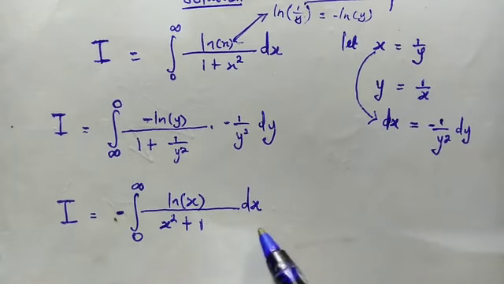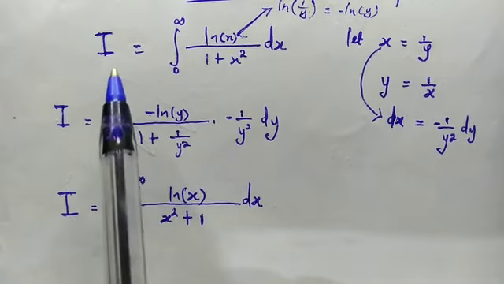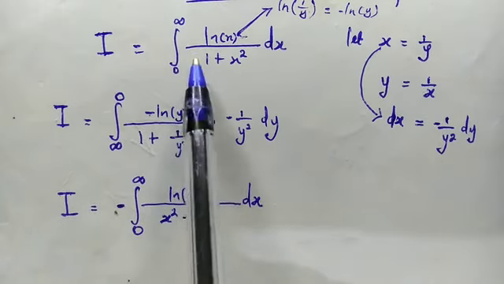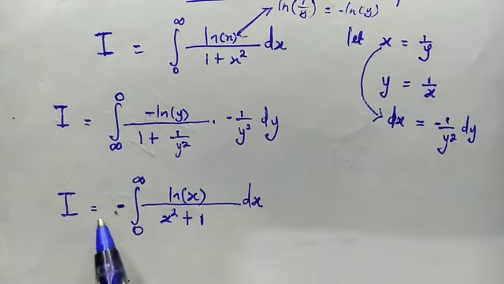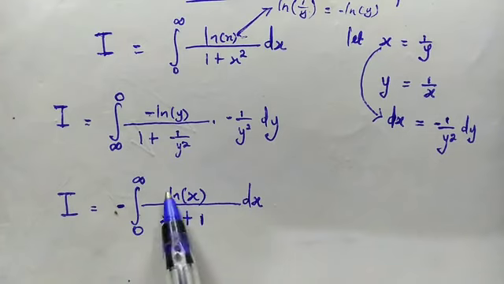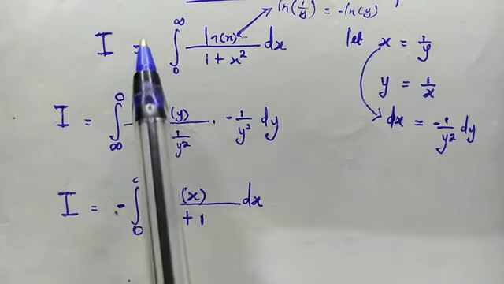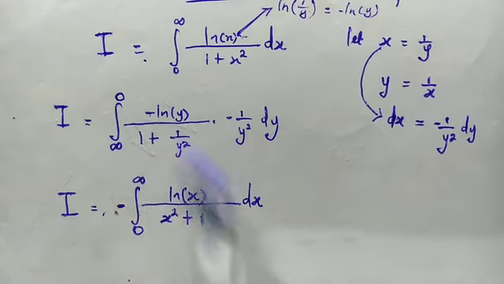Now let us recall again that our I is equal to this integral right over here, and we also have I to be this integral. So the idea from here is to add both integrals together.